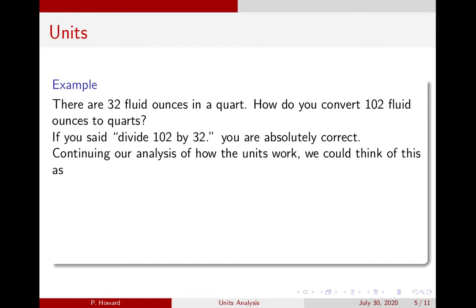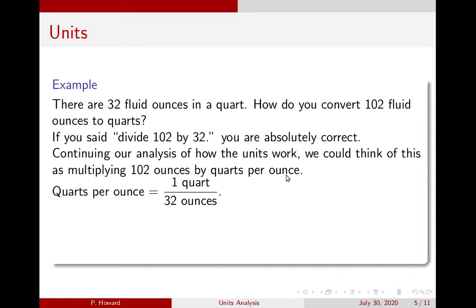So if we continue our analysis of how units work, we could think of this as multiplying 102 ounces by quarts per ounce. Right, the quarts per ounce figure is 1 quart per 32 ounces.